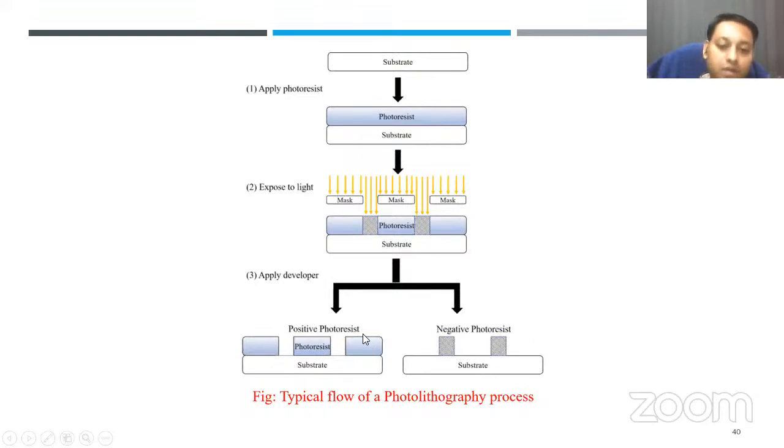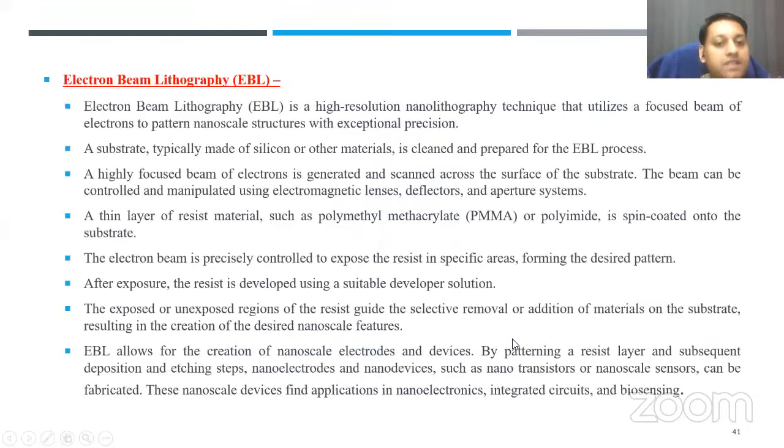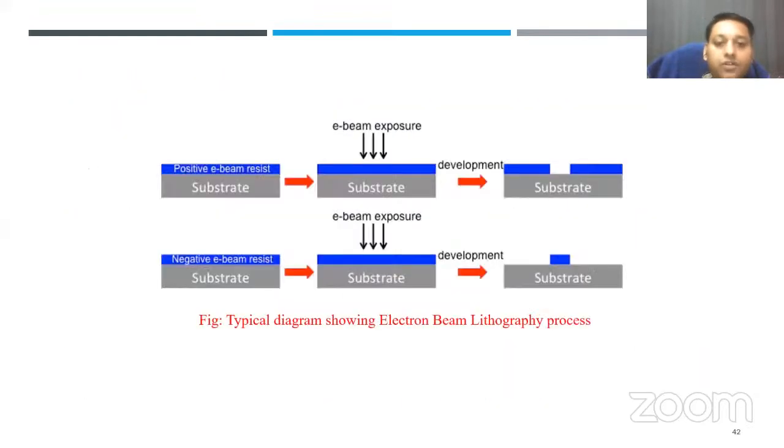These positive and negative photoresists are different chemical materials, having different chemical properties, which leads to either hardening or softening of the photoresist. Because of this, a pattern is formed on the substrate, as you can clearly observe. Now the same thing we can do using an electron beam. Why are we moving to an electron beam instead of UV light?